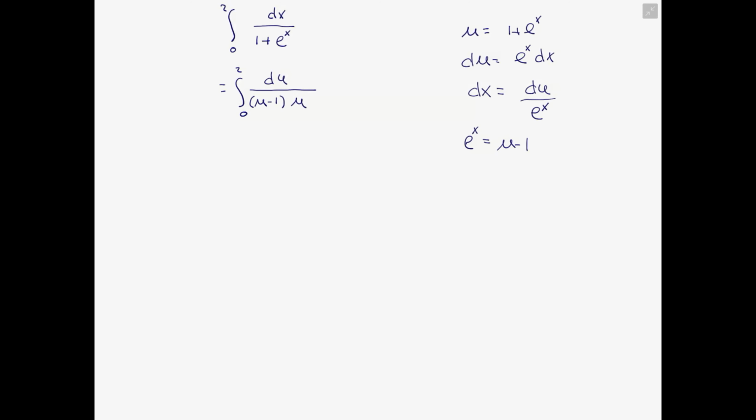So we got u minus 1 and u. So now let's use partial fractions.